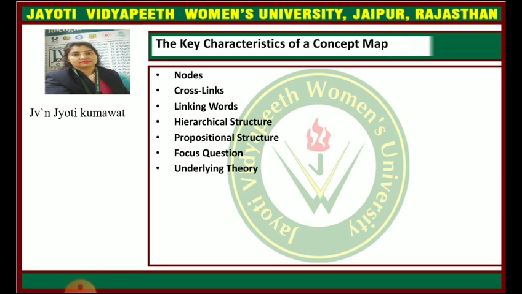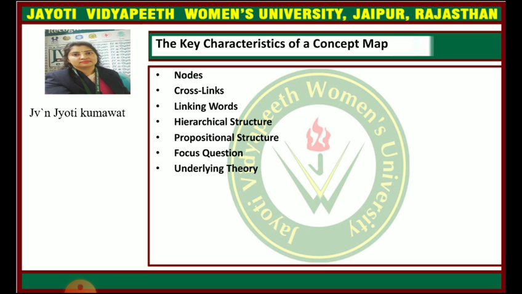Next and last key characteristic is the underlying theory. Concept maps are based on Ausubel's assimilation theory. This is built around the fact that new knowledge can be learned effectively by linking it to what is already known. Concept maps are seen as a methodological tool of this theory.